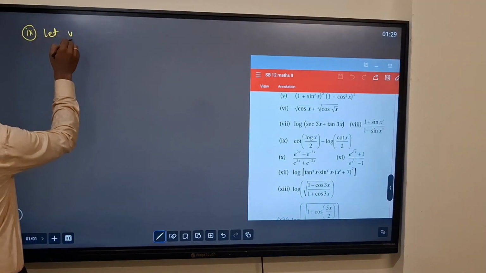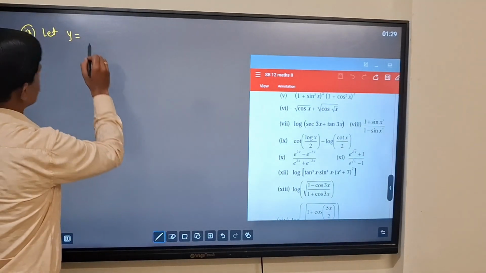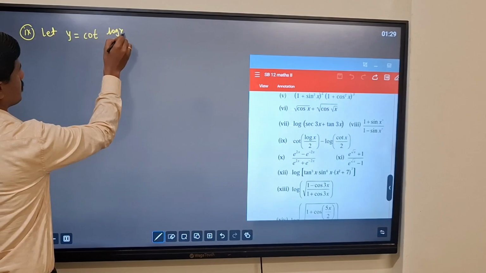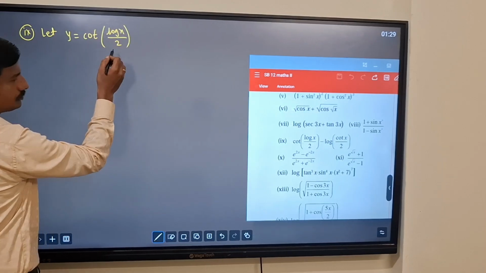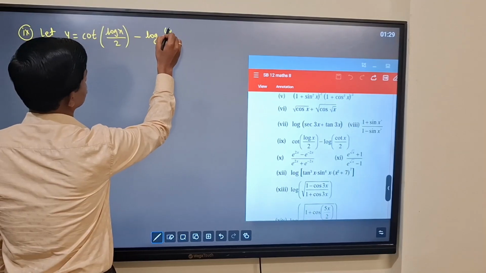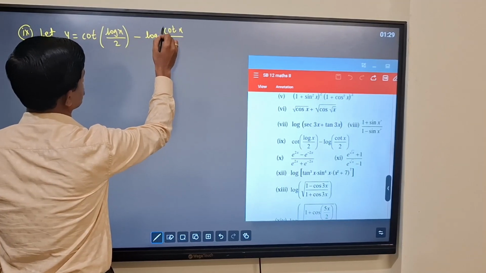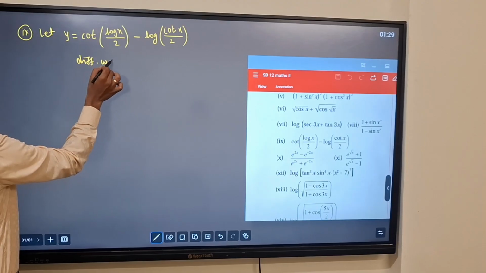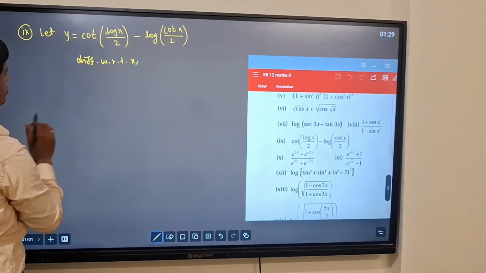Let y equal to cot of log x by 2 minus log cot x by 2. Okay. Differentiate with respect to x.